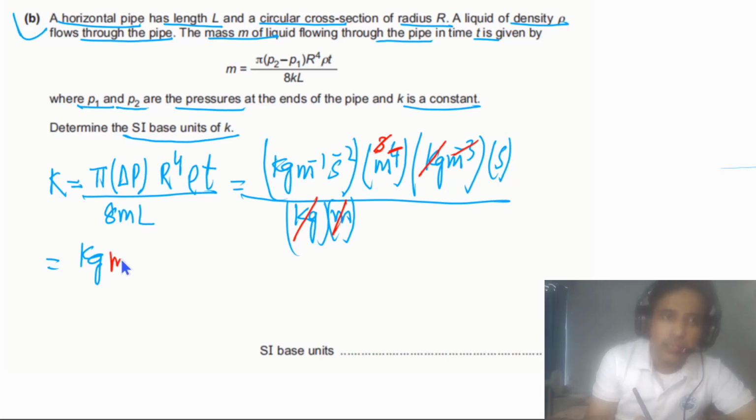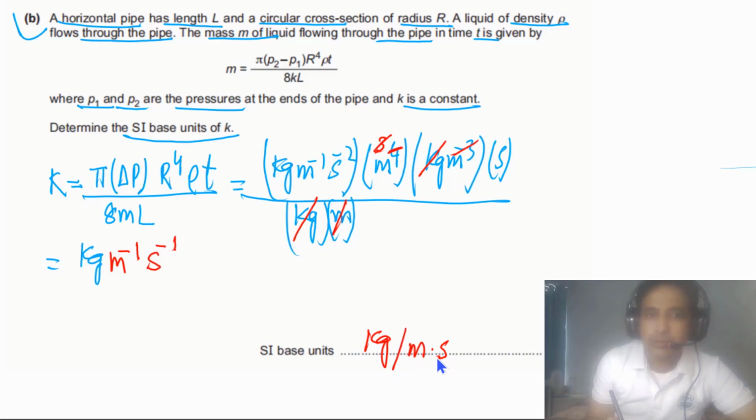We are only left with m to the power of -1. Now if you look at s, we have s to the power of -2 and s to the power of 1, so simply we have s to the power of -1. So these are the SI base units for K. You need to write kg per meter per second. You can also write it in this form. This is our final answer, and this question has 3 marks. The first mark you will get if you have written these individual units.